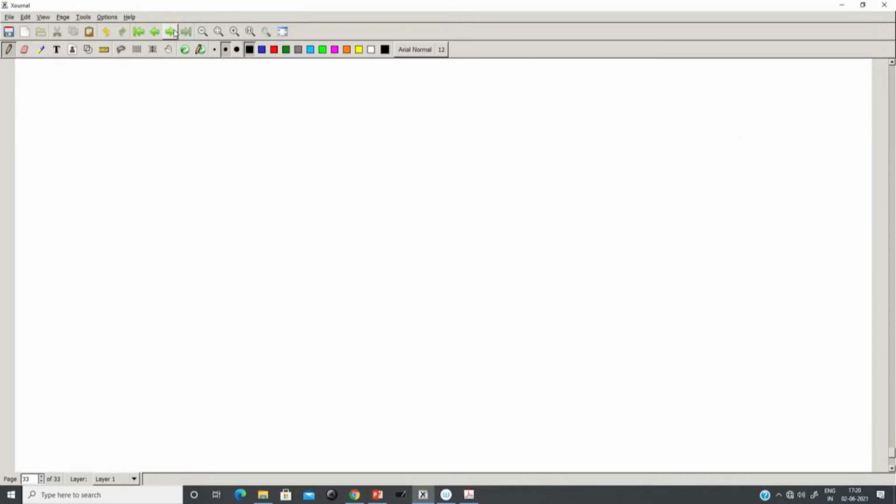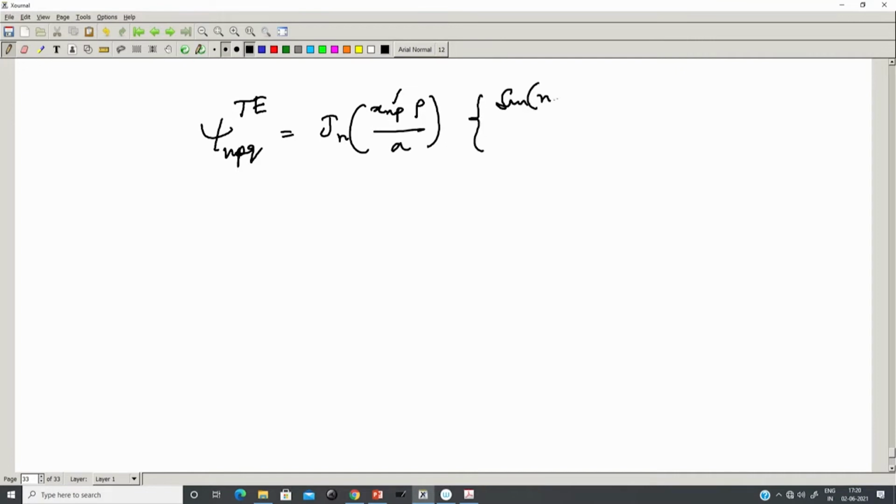Similarly, for the TE to z modes of the cavity, the potential function will be given by psi n p q TE as J n x n p dashed rho by a, sin n phi, cos n phi, sin q pi z by d.